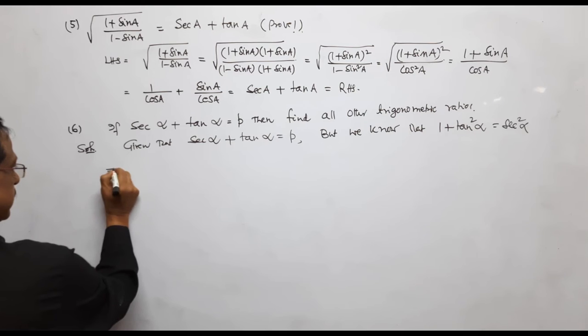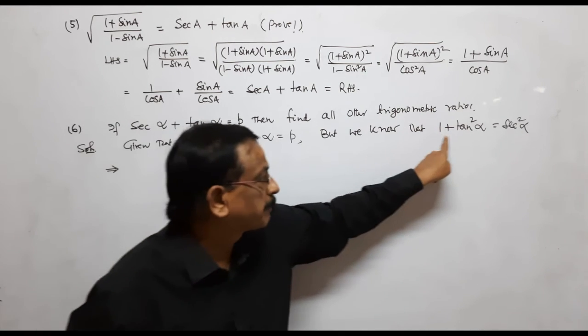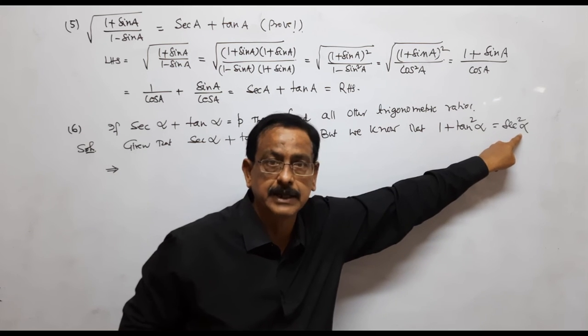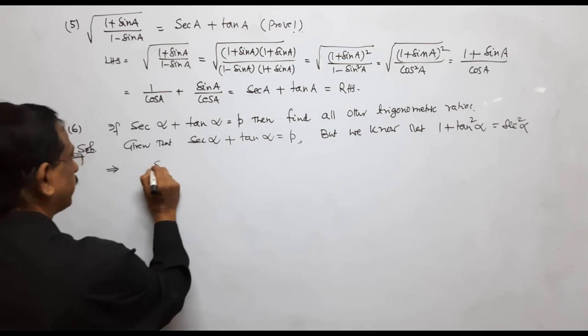So if you take tan square alpha to the right hand side, it becomes secant square alpha minus tan square alpha is 1.